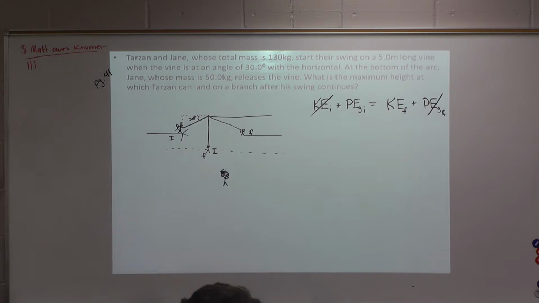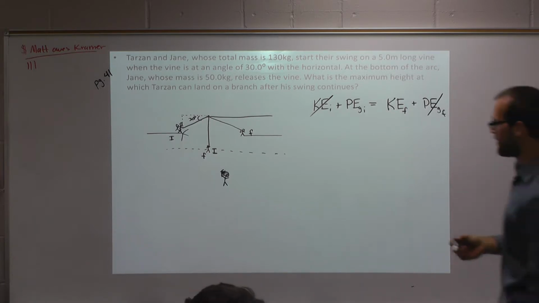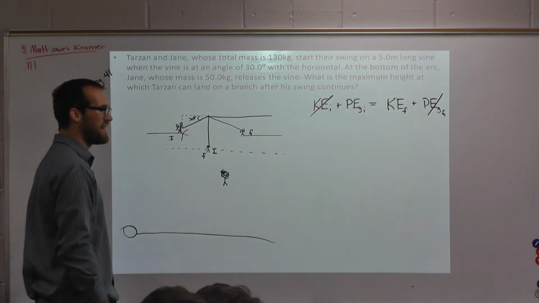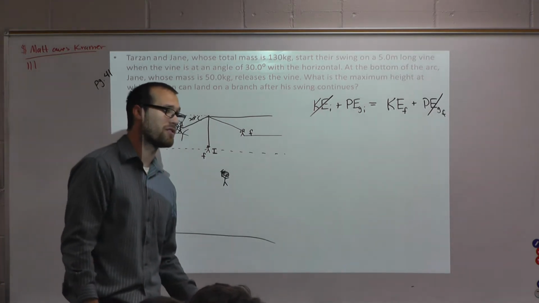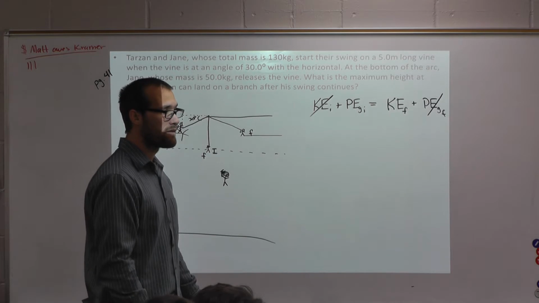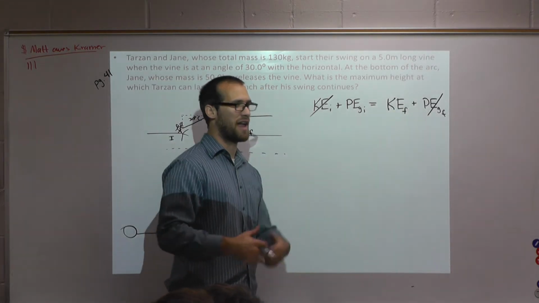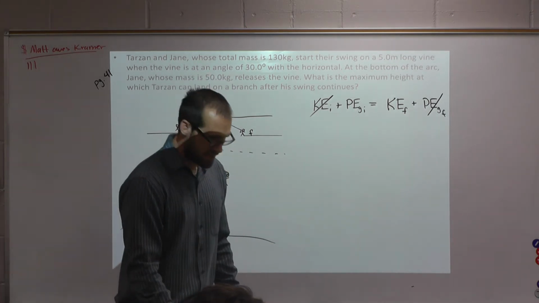We could say the ground's way down here and our zero level's way down here, but that's going to make this problem a whole lot more difficult. Because then we wouldn't be able to cancel that out, and we'd have to do more work, and they'd have to give us more information.